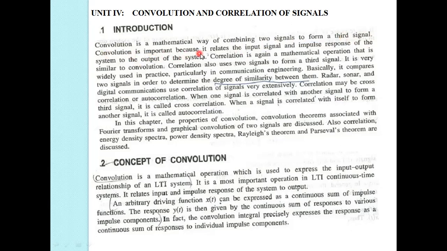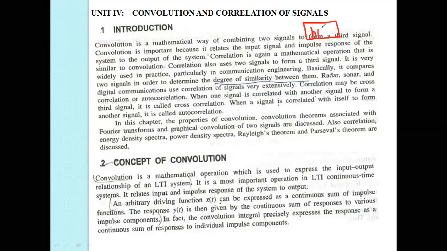Convolution is important because it relates the input signal and impulse response of the system to the output of the system. Any system having the impulse response h of t, with the input signal x of t, gives the response y of t.